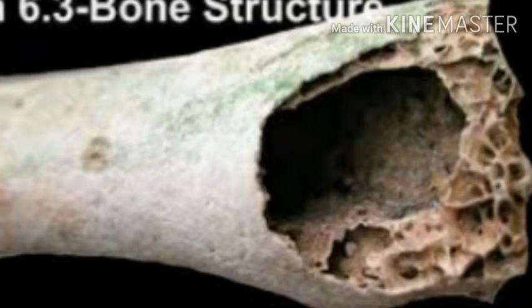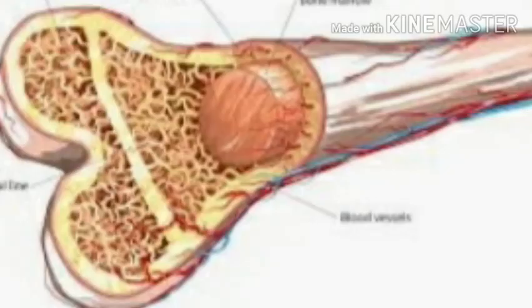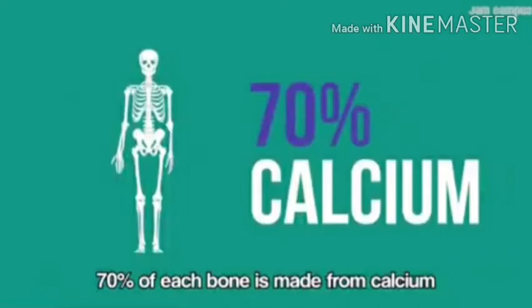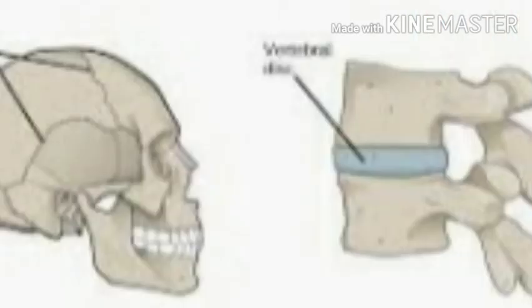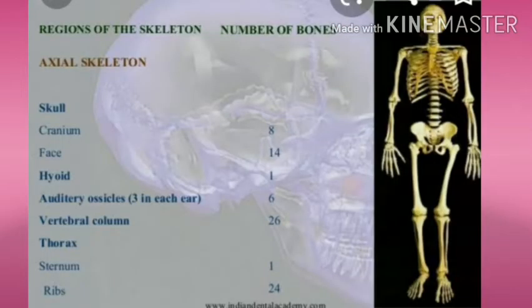The matrix of bone contains a collagenous protein called ossein, which makes 30 to 40% of its part, and the mineral matter is present 60 to 70%. Location: a large number of bones occur in the body. They are joined together to form the endoskeleton of the animal body.